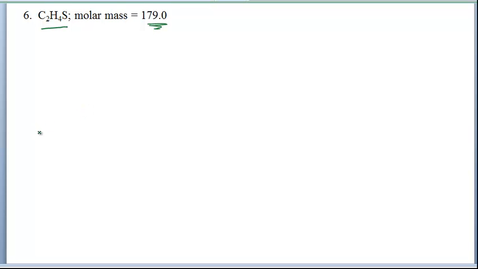All right, so how do we attack this? Well, step 1 is let's figure out what we would call the empirical molar mass. What is that? Well, the empirical molar mass is you simply take the empirical formula and just calculate the molar mass for that.